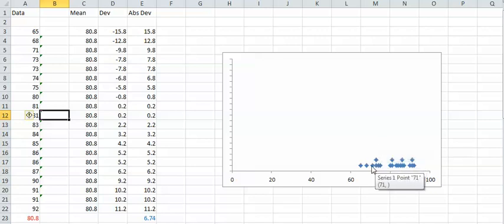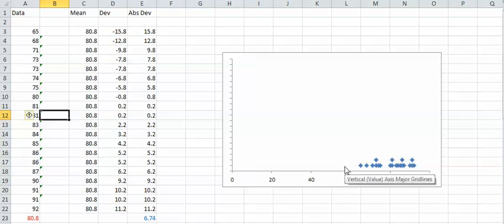So if a value only appears 1 time, it has 1 dot above it. If a value appears 2 times, it has 2 dots above it. So here's a value that appeared once, and here's a value that appeared 2 times. And if a value appeared 3 times, there would be 3 dots above that value. But in my data set, each value only appeared once or twice.